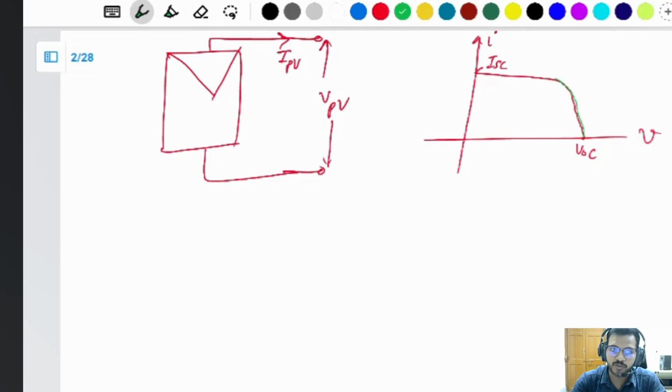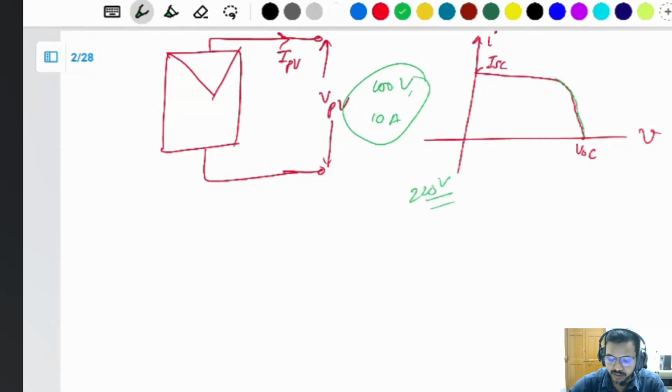Suppose the PV panel has 100 volt, 10 ampere, but your operator needs 220 volt, AC or DC both. If it is DC, then you simply use a DC converter to step up the same 100 volt to 220 volt and maintain 220 volt continuously, constant, despite the fluctuating input voltage.